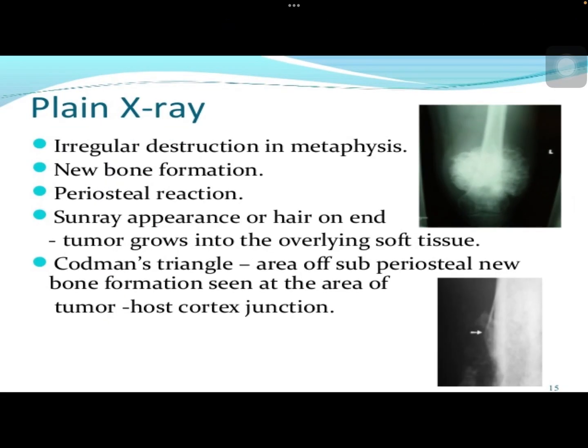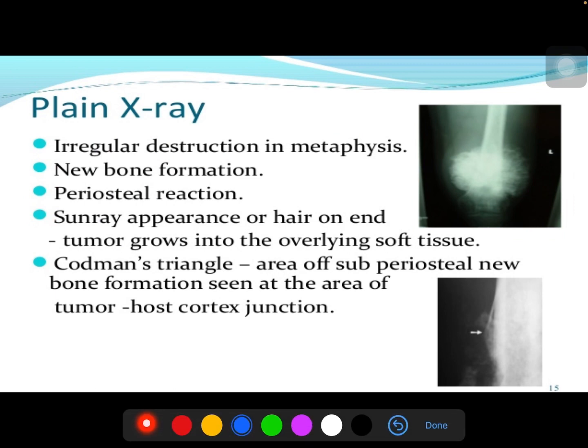Okay. So we'll talk here. Okay. So you can see that this is the bone. This is the outline of the bone, and the periosteum is being lifted, due to which a triangle is being formed. This triangle is known as the Codman's triangle. Okay, this Codman's triangle is formed due to the lifting of periosteum.